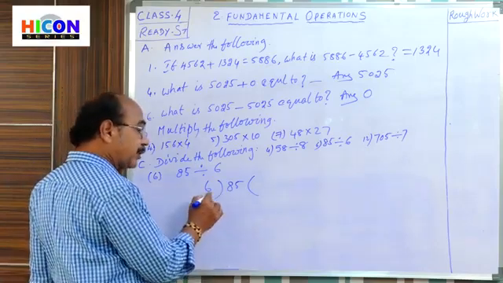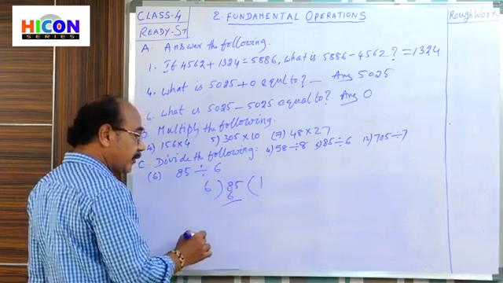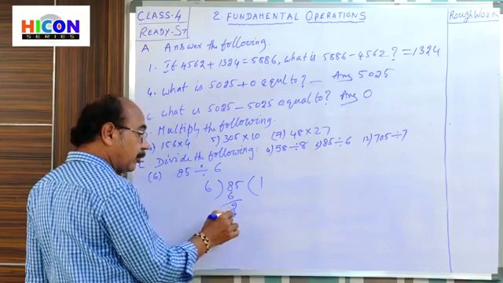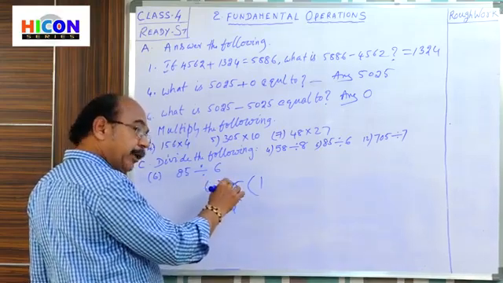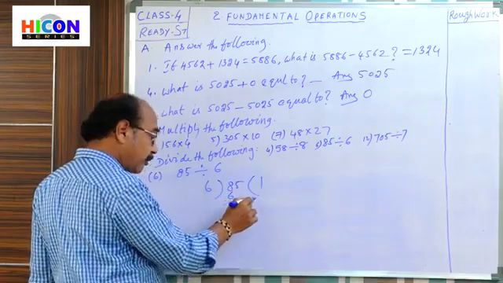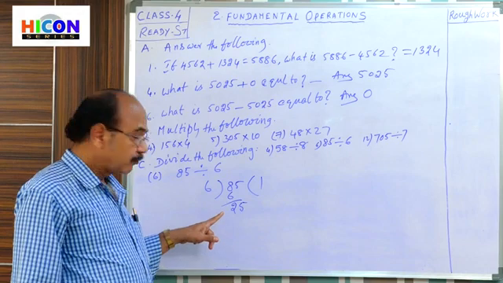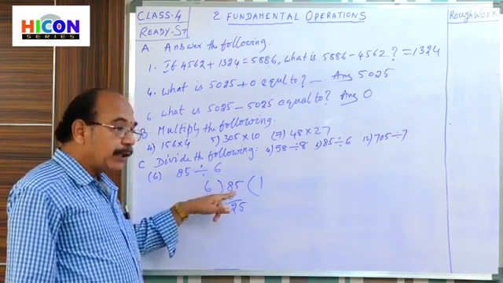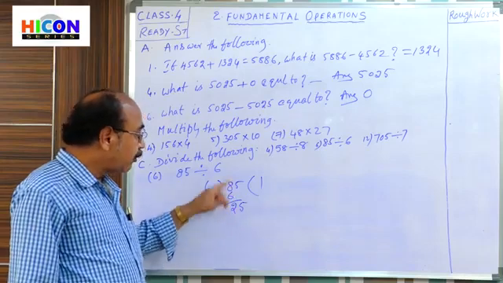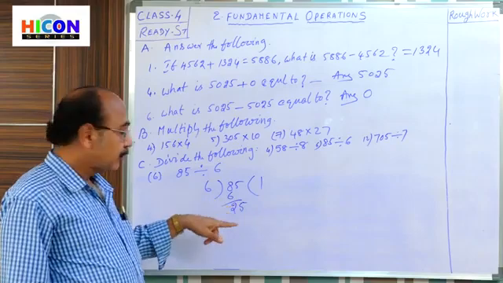Here 8 is greater than 6, so 1 time. 6 ones are 6. 8 minus 6 is 2 remainder. Now from the dividend we bring down the next number, 5.